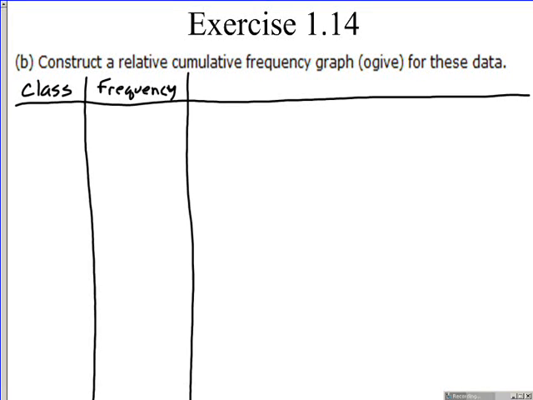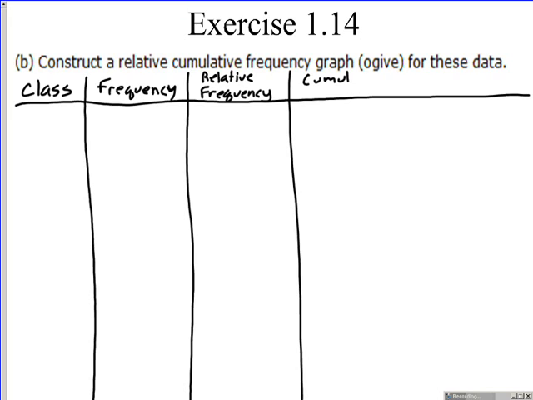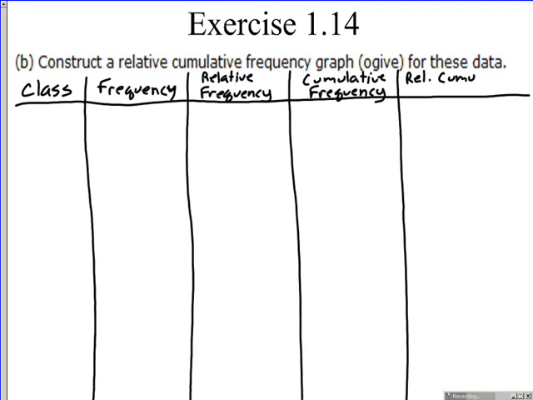But we're not, so we need a relative frequency. We need a cumulative frequency. And we need a relative cumulative frequency.